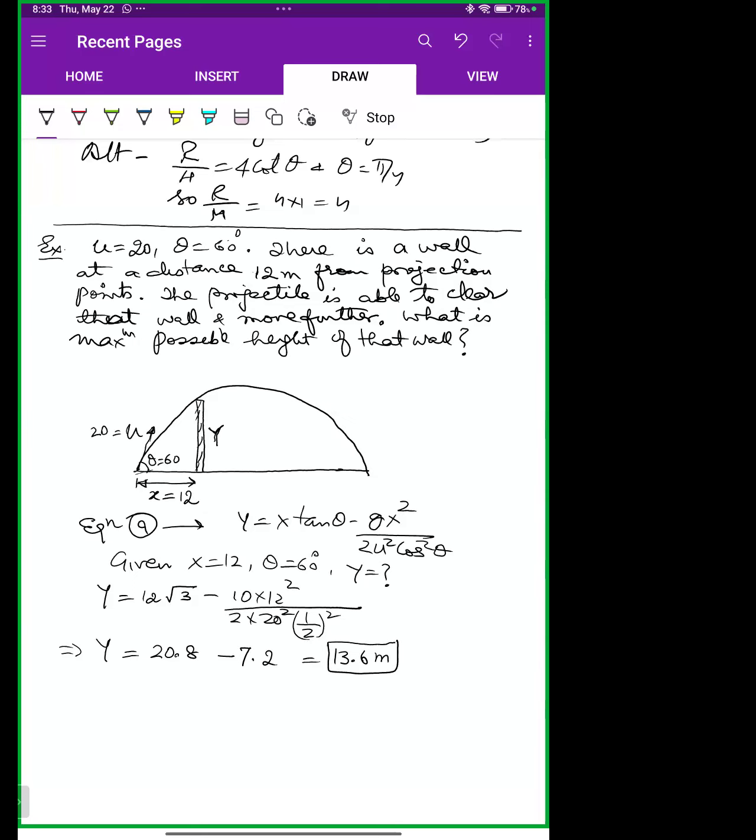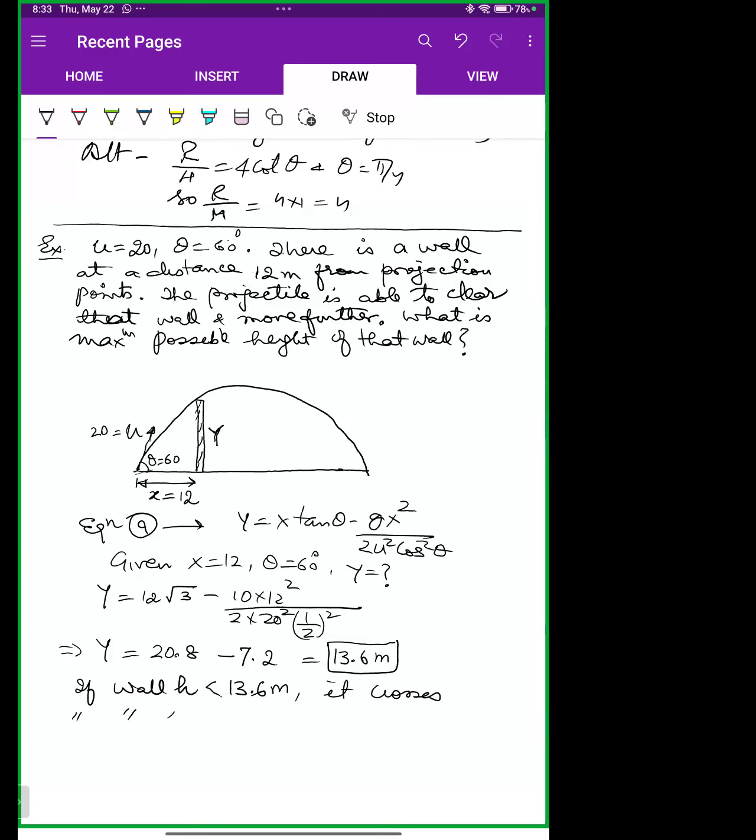Now, if wall H is less than 13.6, I will not say equal to, I will say less than 13.6, it crosses. Who crosses? Projectile crosses.